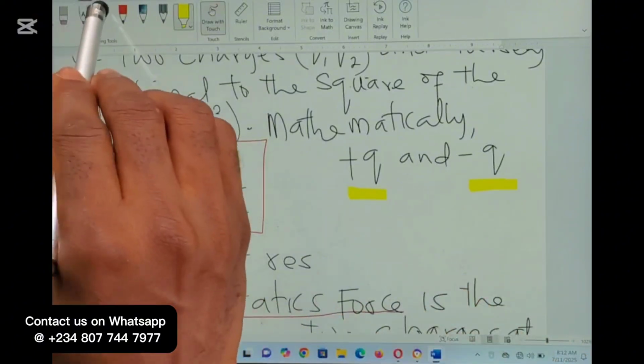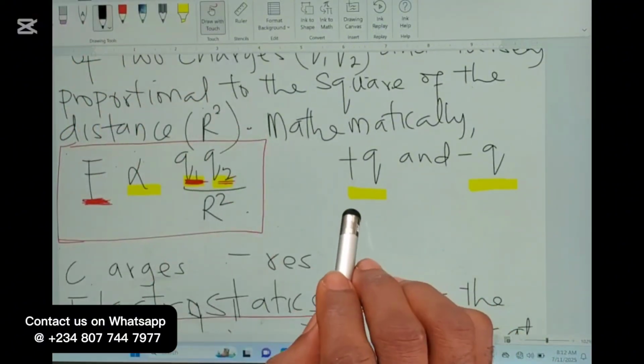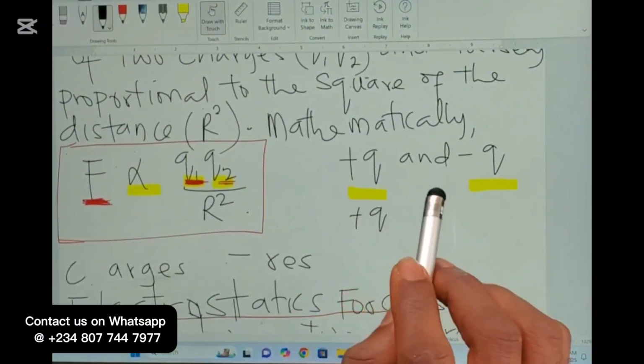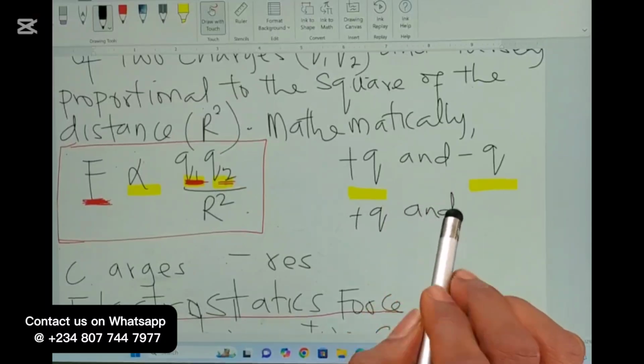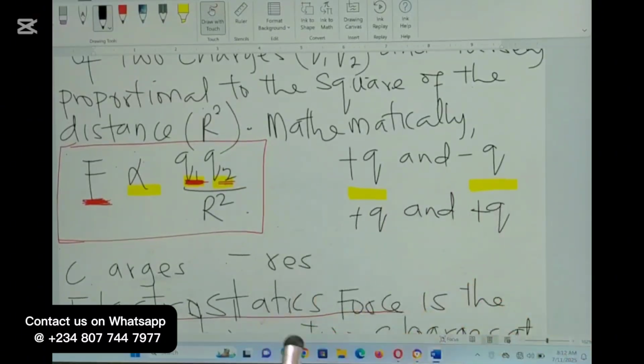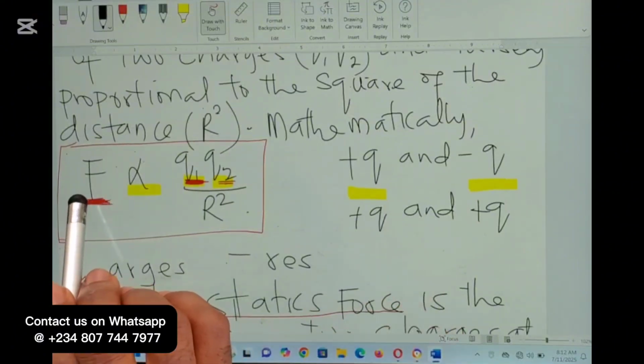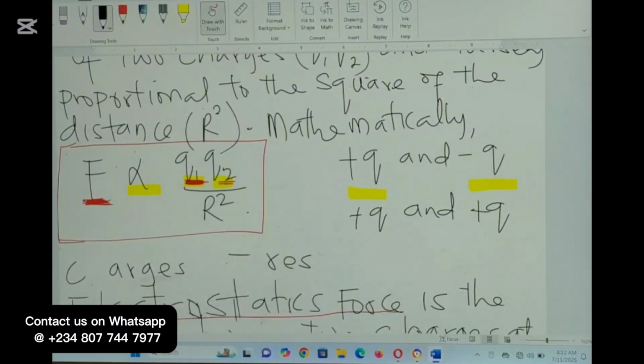If I have plus Q and plus Q, these two charges are repulsive, so the force is a repulsive force.